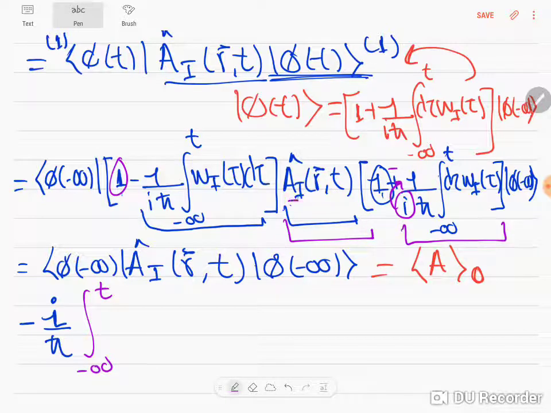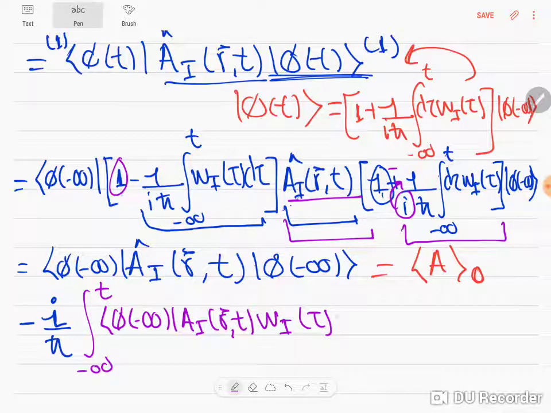First comes the state, so φ(−∞), then A_I(r,t) W_I(τ), then φ(−∞), and all of this dτ.